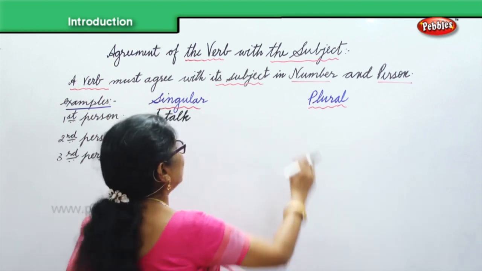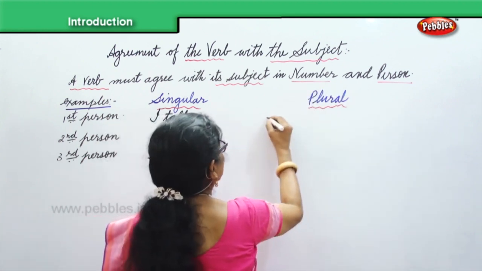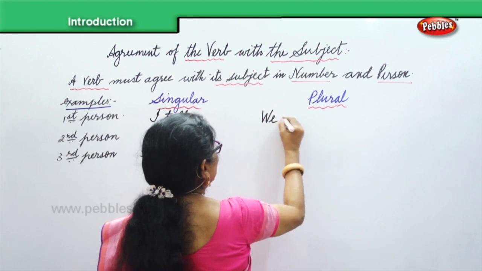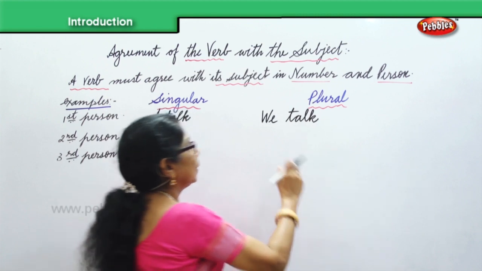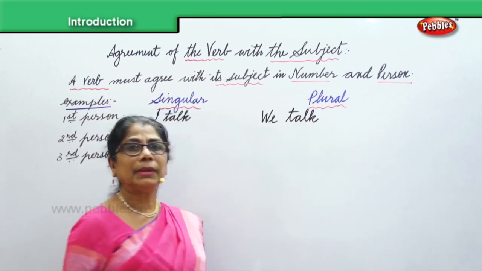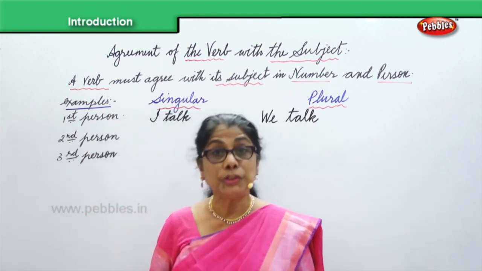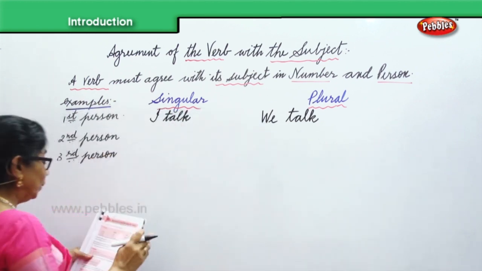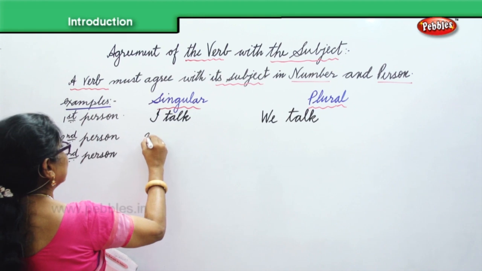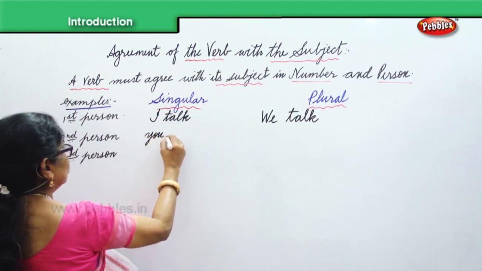But when we have more than one person, then we say we talk. The number and the verb agree. I talk, we talk. In the second person, you will say you talk.